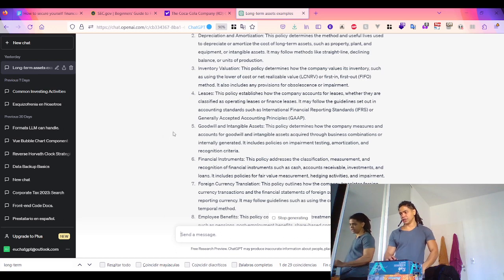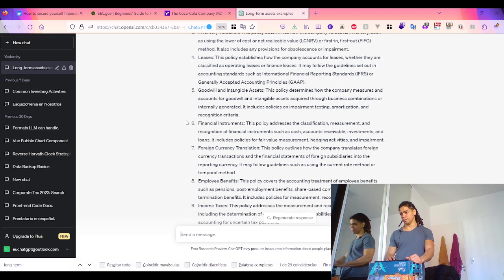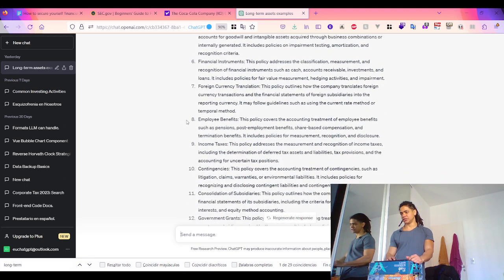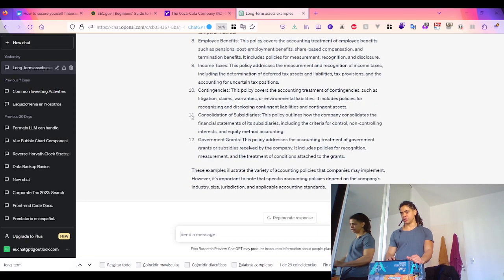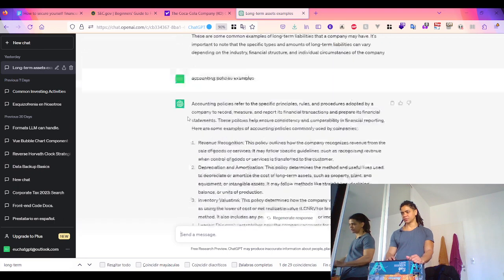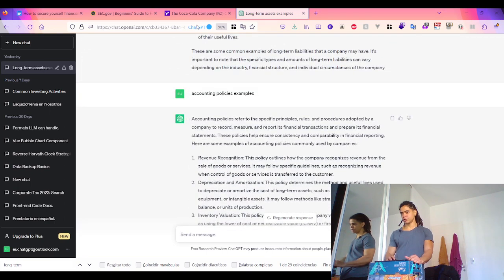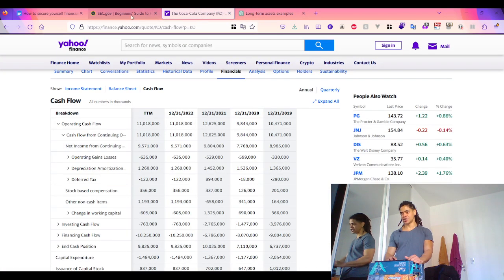It may follow the guidelines set up in accounting standards such as International Financial Reporting Standards or generally accepted accounting principles. Then goodwill and intangible assets, financial instruments, foreign currency, employee benefits, income taxes, contingencies, consolidation of subsidiaries, government grants.